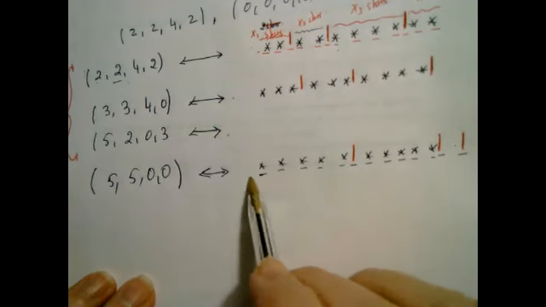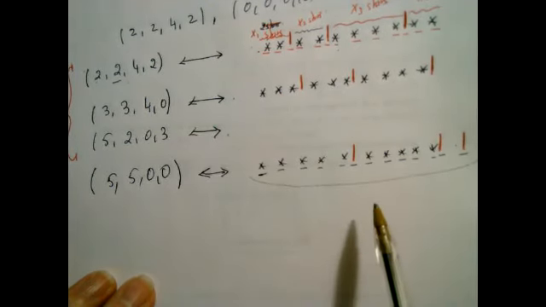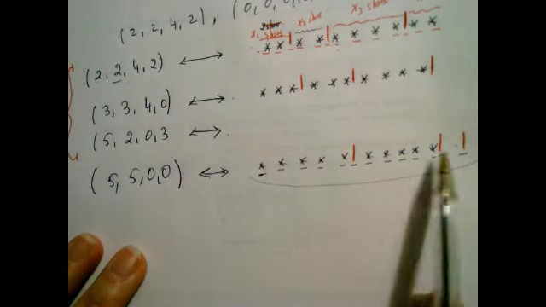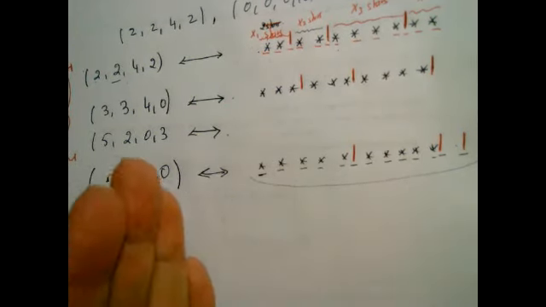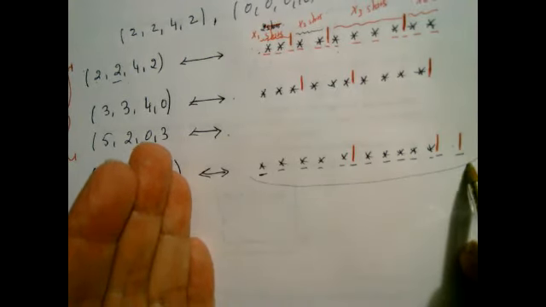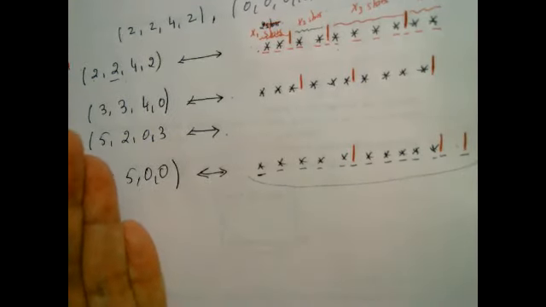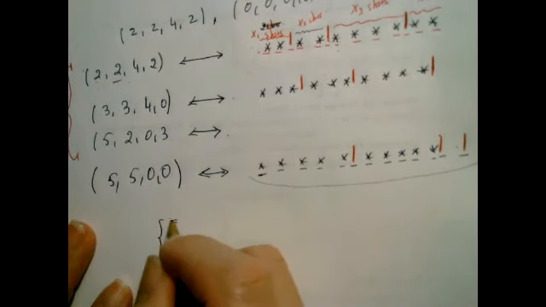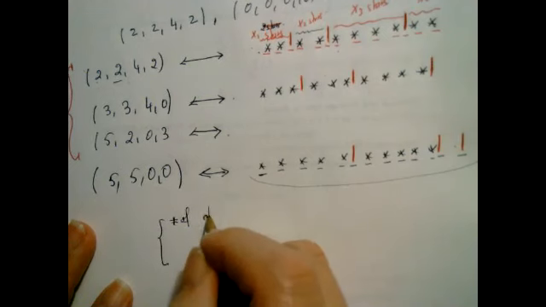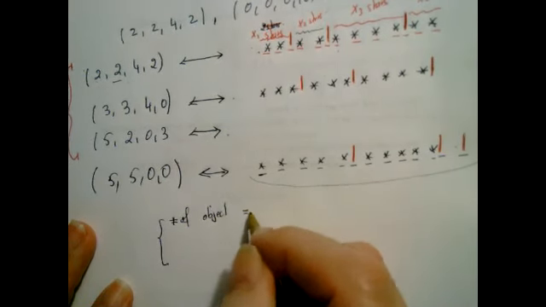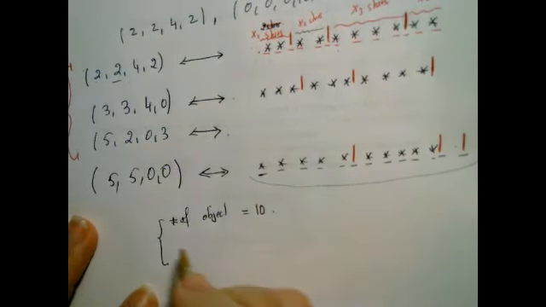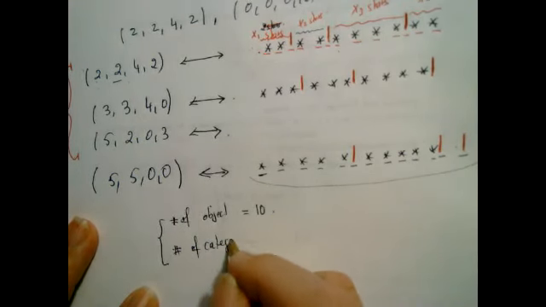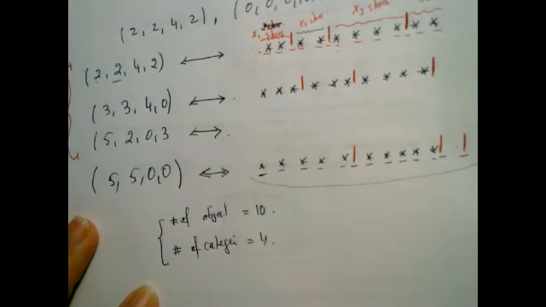Basically now I have this bit string. And the way I compute them is the number of ways I can position my stars. Every time I'm changing my stars on this string, I'm getting a totally different solution. So we can think of this problem as where the number of objects is equal to 10, and the number of categories is equal to 4.